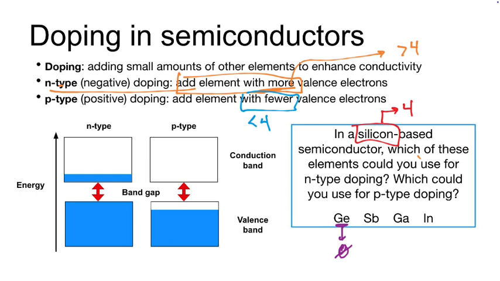Where is Sb, antimony? Was it to the right? Yeah. Oh yeah, it totally is. Never mind. To the right means it was greater than. So we're looking at an N-type dopant. Where's the gallium? To the left, which means we're looking at a P-type, and indium, left, we're looking at a P-type dopant.